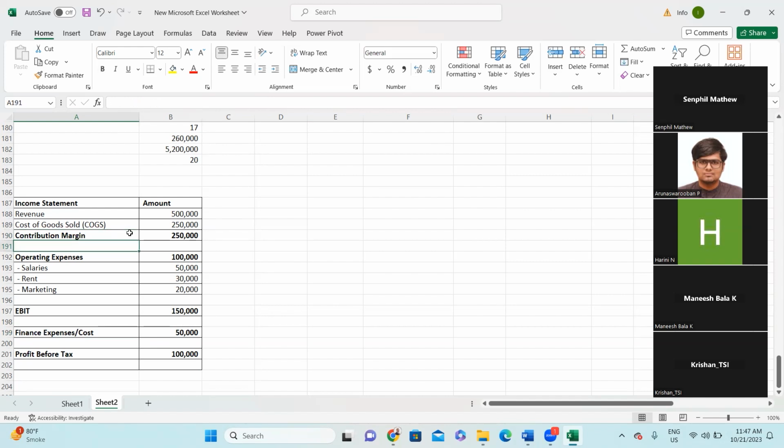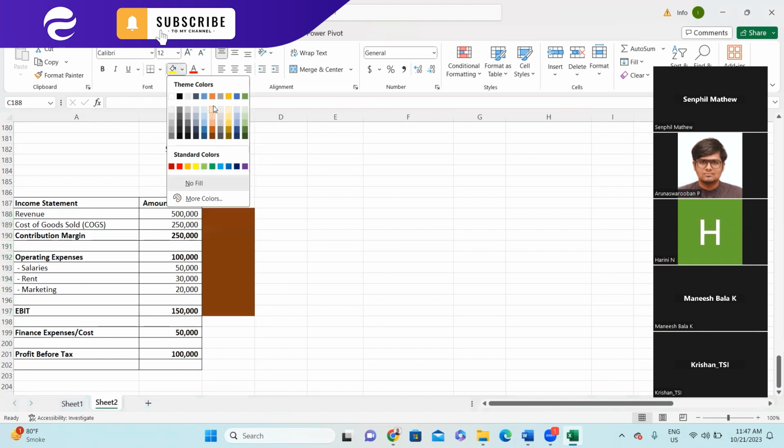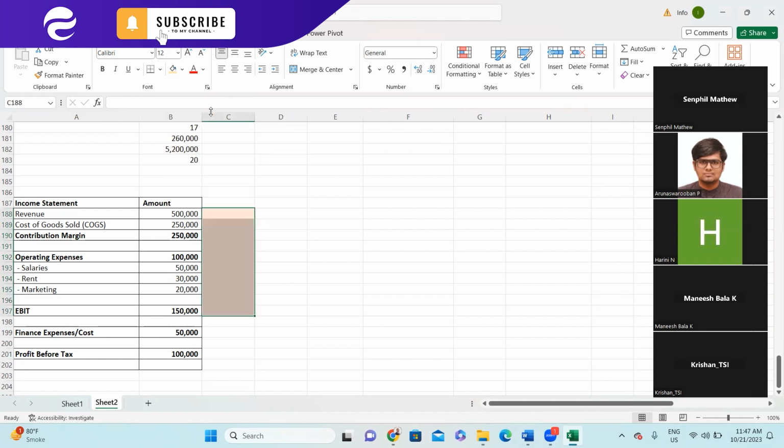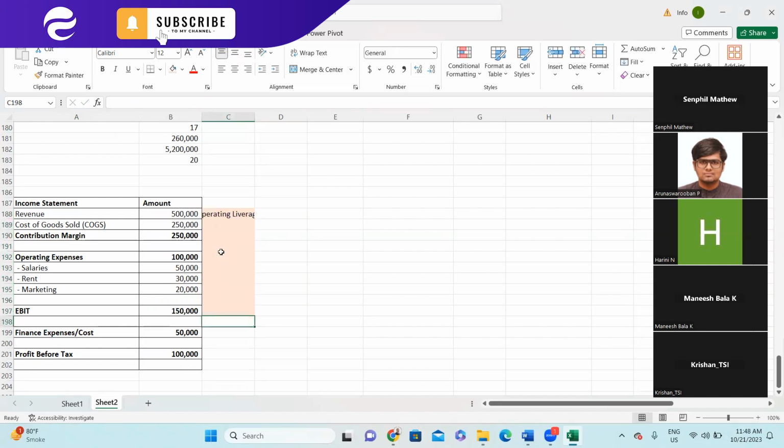And then you have another leverage from contribution margin to your profit before tax. So the difference between this revenue to your earning before interest and tax, this all will be considered as operating leverage. I'll explain, just stay with me.